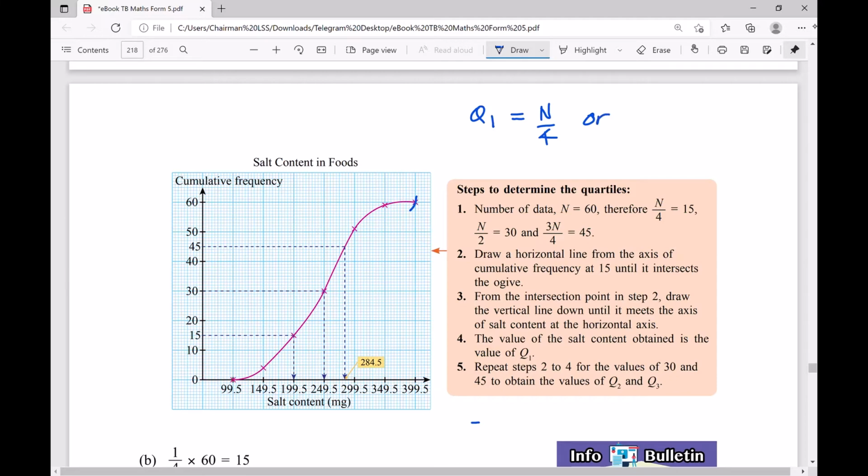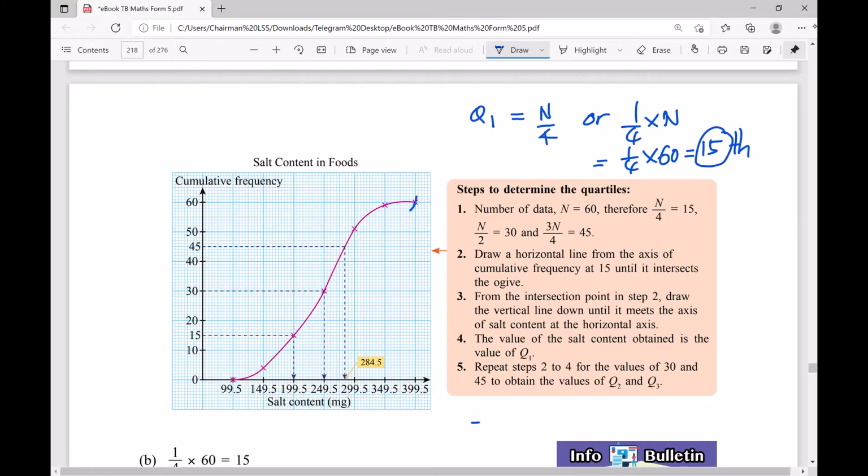Or 1 over 4 times n. So 1 over 4 times 60, you'll get 15, right? And this 15, first quartile 15, it's in 15 data. Yeah, the first quartile will be on the 15th data.